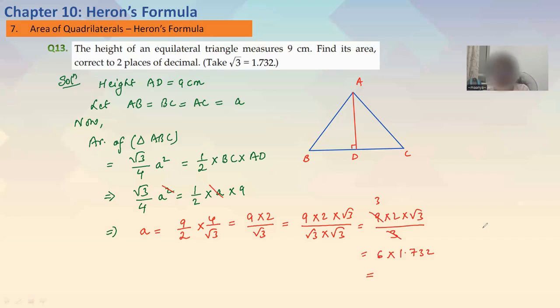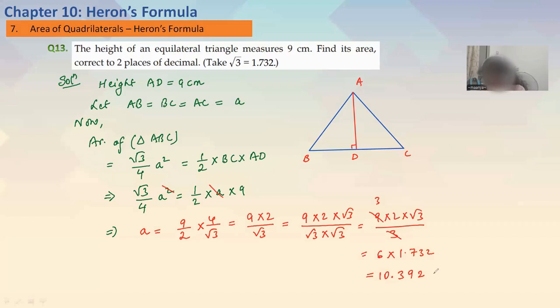Yeah, we'll eliminate the third decimal place later. 6 2s are 12, 6 3s are 18, 19, 6 7s are 42, 43, and 10.39.